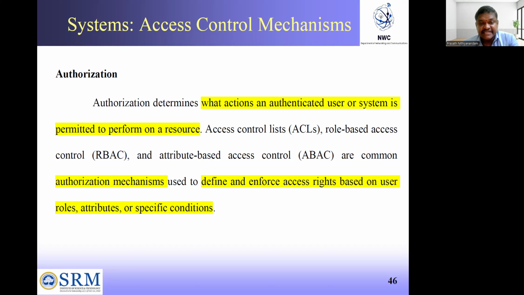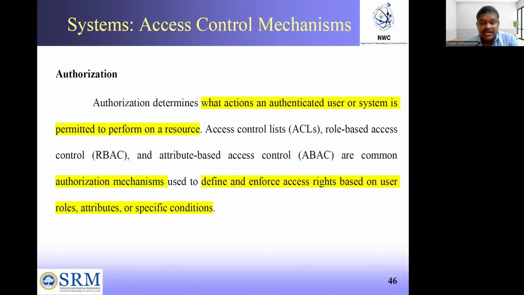Role-based access control assigns permissions based on the user role, for example admin, user, or guest. And the third one would be attribute-based access control, which grants access based on user attributes, resource types, and environmental factors.